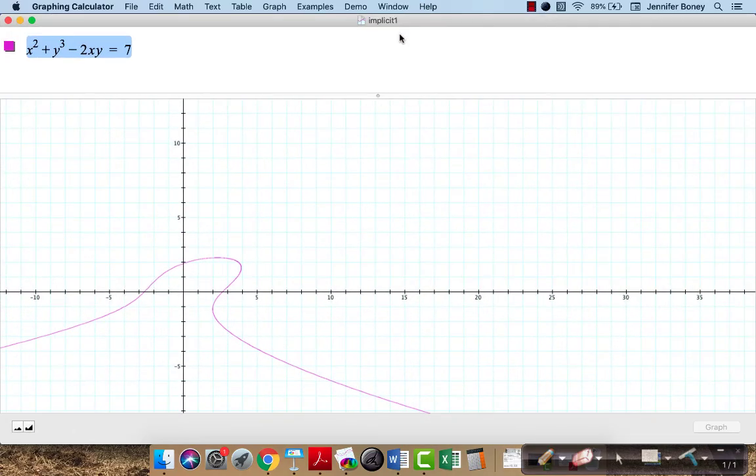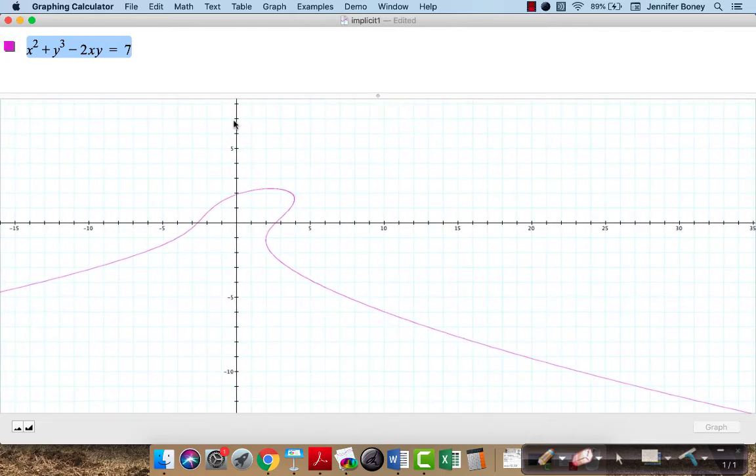But take a look at this relationship here. I won't call it a function because this is clearly x squared plus y cubed minus 2xy equals 7. It's a relationship between x and y, but looking at what that means, this is a picture of all the xy pairs that make this equation true.